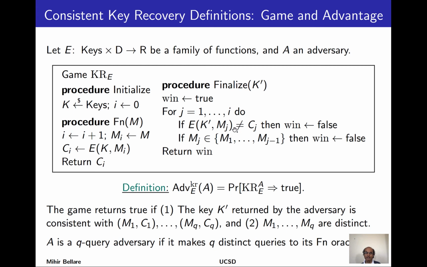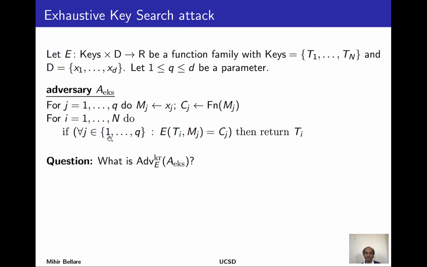That would mean that over here, it returns true. So then we look at the game. The game says that happens if the family of functions or block cipher applied to whatever the adversary returns to finalize, and to each message for which the FN was called, does result in the ciphertext that was created under the target key over here. So if we go back here, we can now try to assess that.